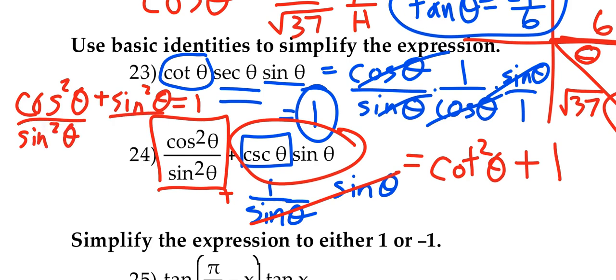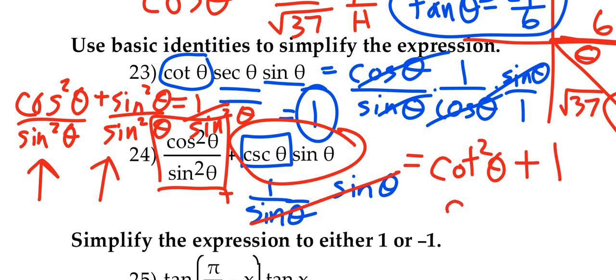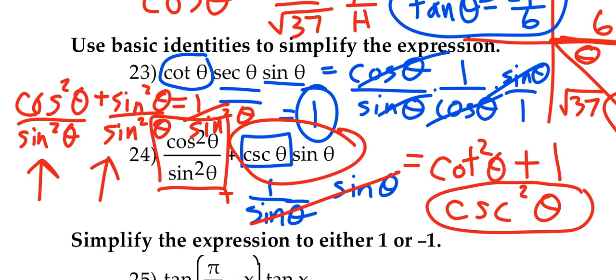Which means I would divide that by sine squared, and I would divide that by sine squared, and man, I don't have enough room. So, that's cotangent squared plus 1 equals what? What is 1 over sine squared? Cosecant squared theta. That's what you would find on your multiple choice answer.